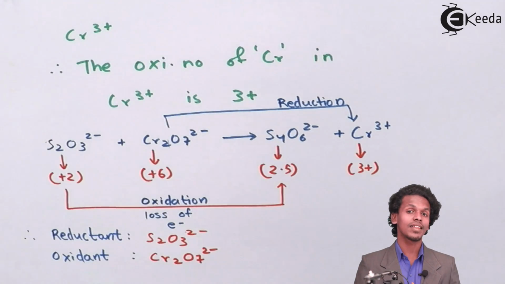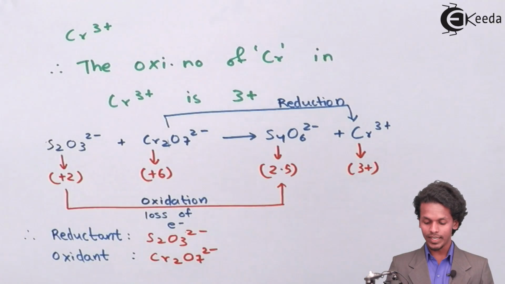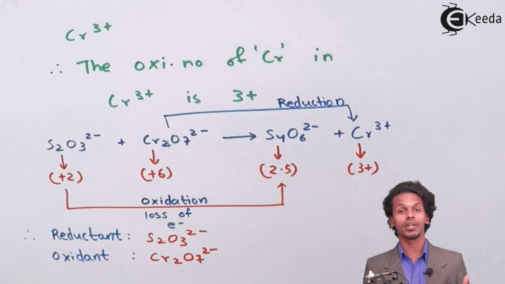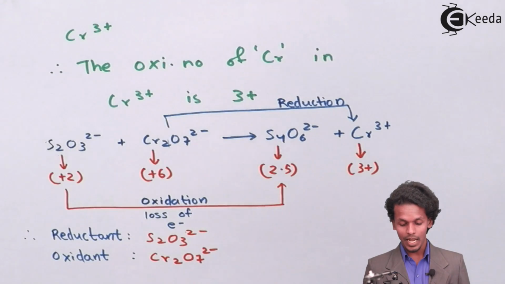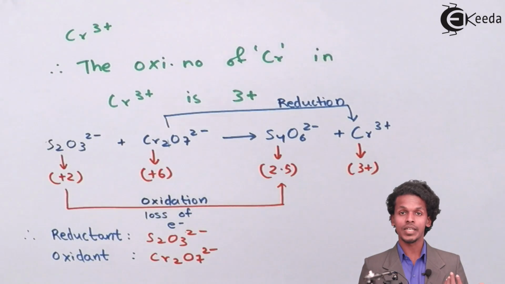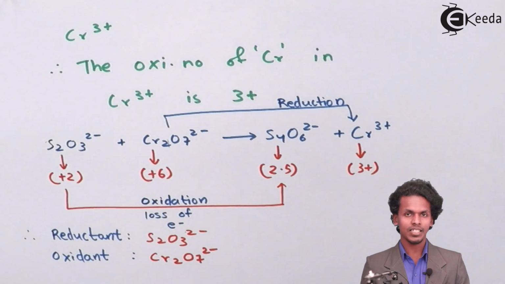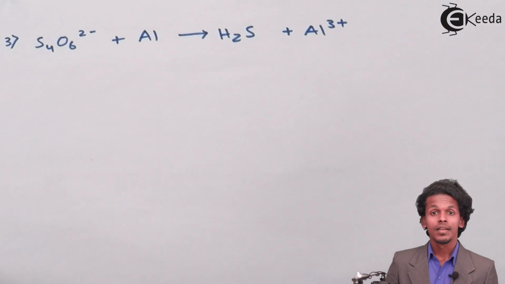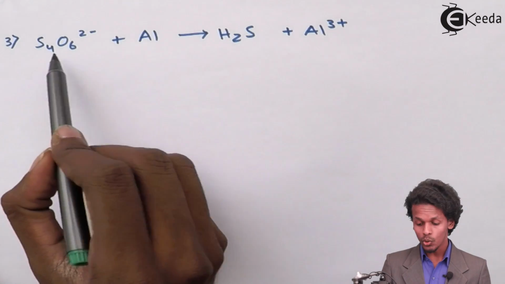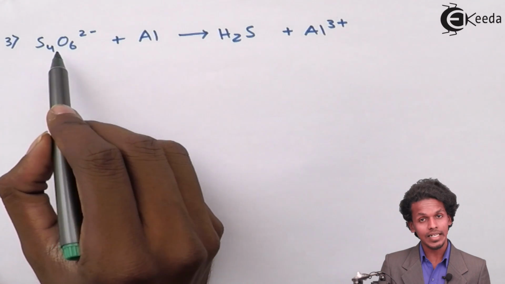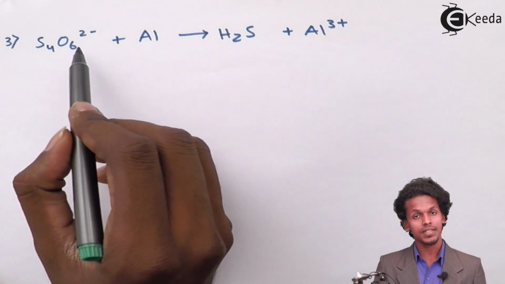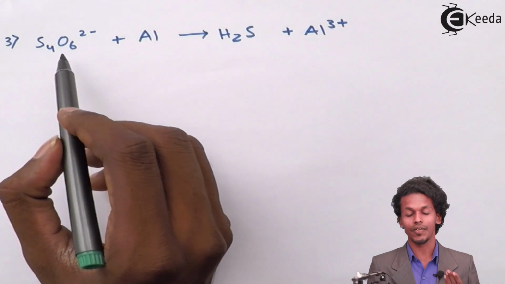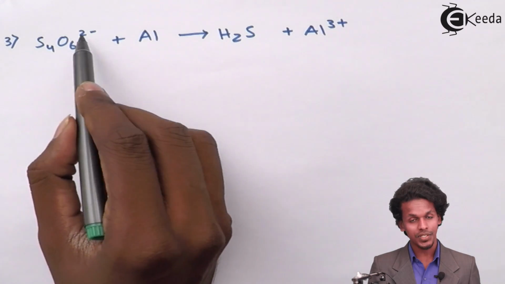So let me give you another example. So this is how we have calculated the oxidation number of the atoms, and with the help of which we have determined which one is reductant and which one is oxidant. So let me give you one example more. As mentioned, there are two reactants, and we have recently calculated the oxidation number of sulfur in S4O6 2 minus.